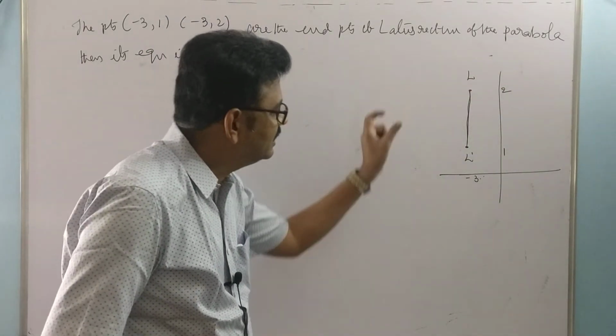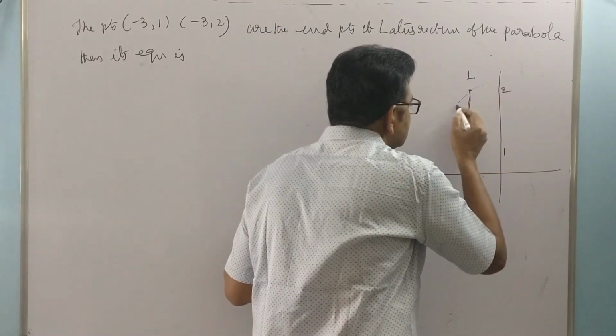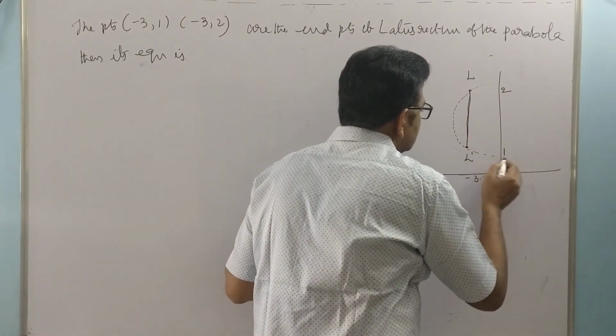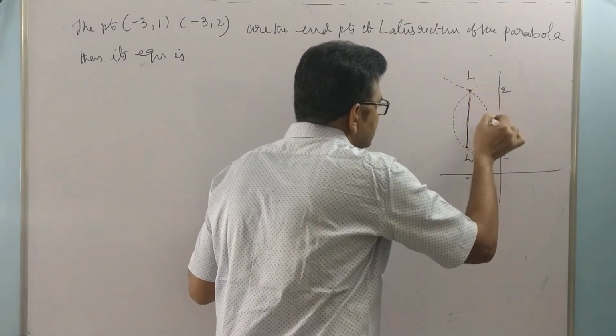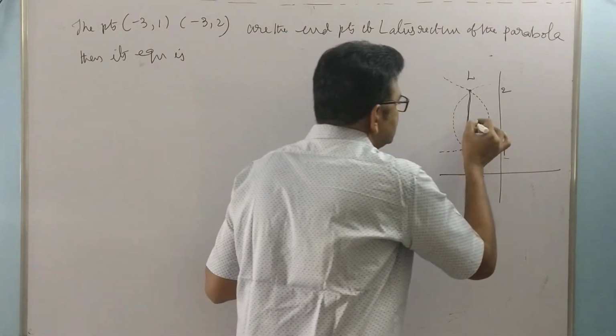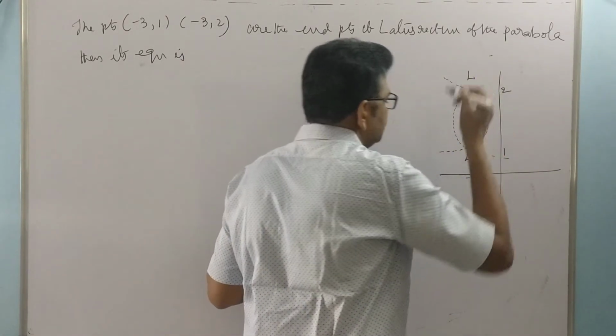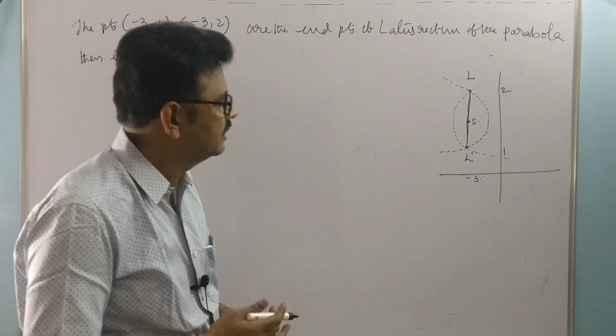So if you draw the parabola, maybe the parabola is like this, or there is a chance the parabola is like this. So this is the focus. Midpoint of L L dash is the focus.